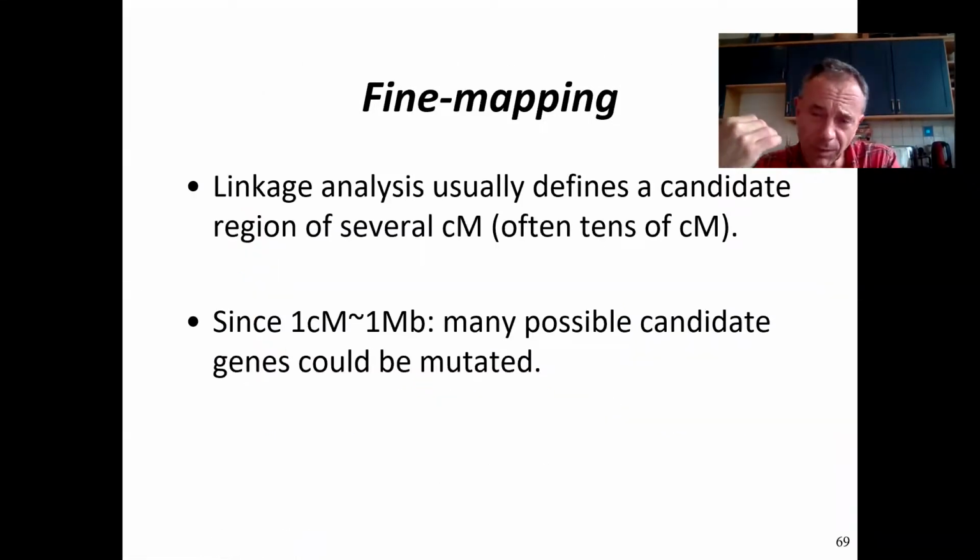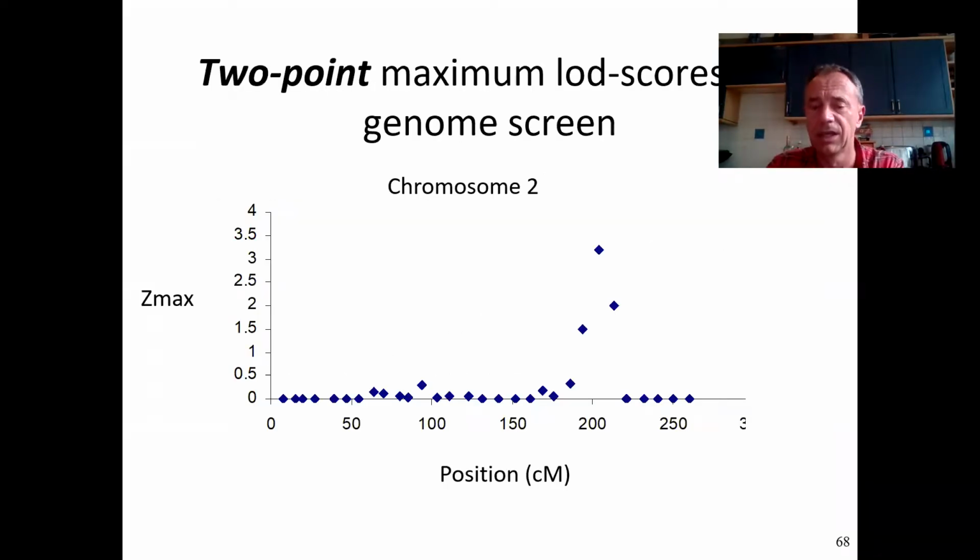Now, the problem that I've alluded to before is that linkage gives a very, very broad localization. If I look along the bottom here, this length is about 50 centimorgans, which means there are about 10 or 20 centimorgans between these two markers.